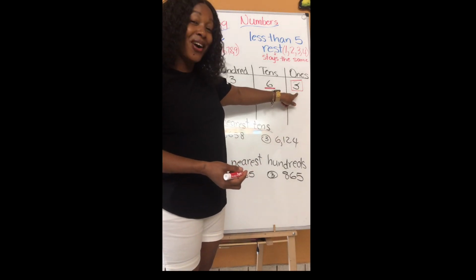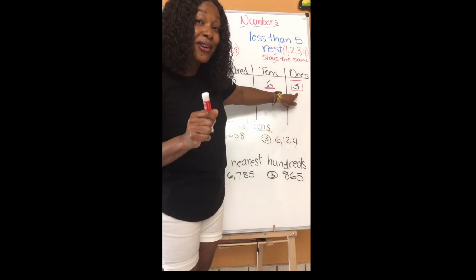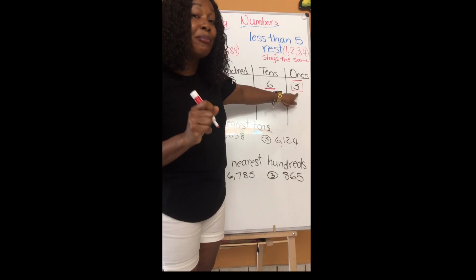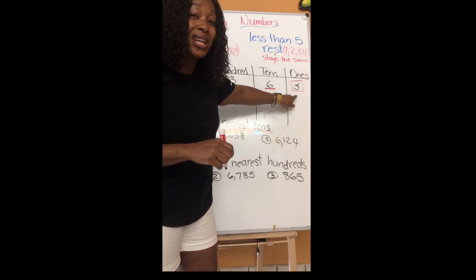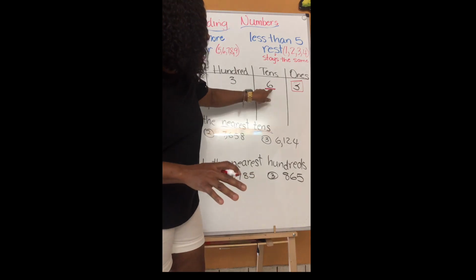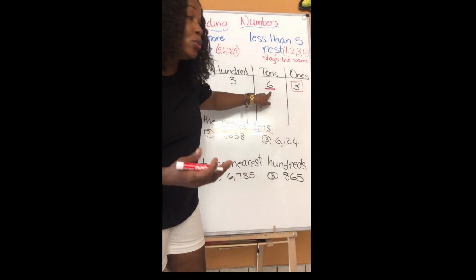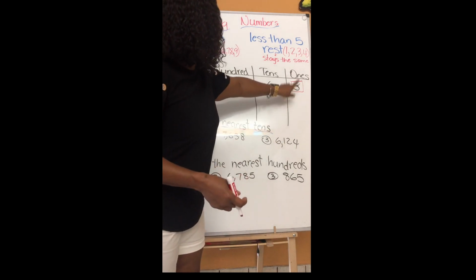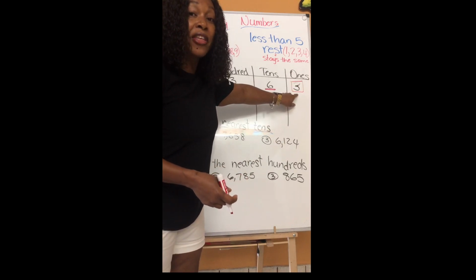Now, I call this the bossy neighbor. What do I call it? The bossy neighbor. Now, the bossy neighbor gives all the rules. He or she tells the digit that you underline what to do. And this is where the rule comes in. So this bossy neighbor is a 3.